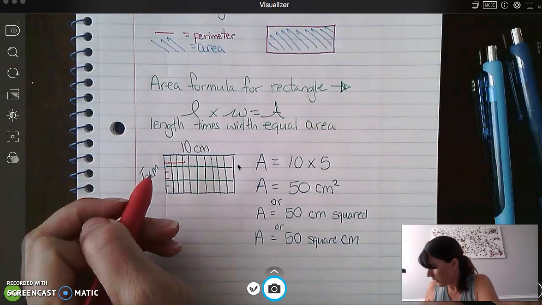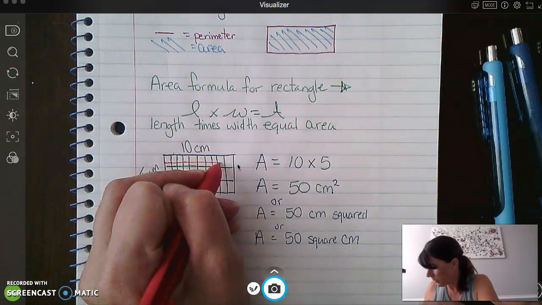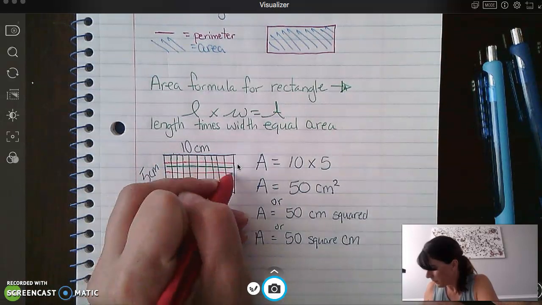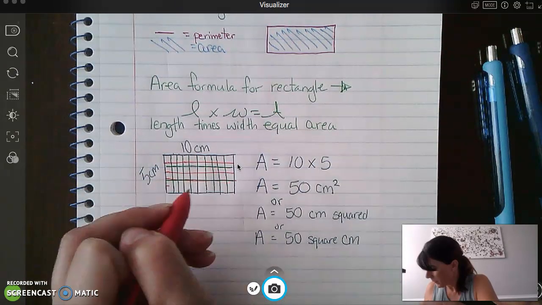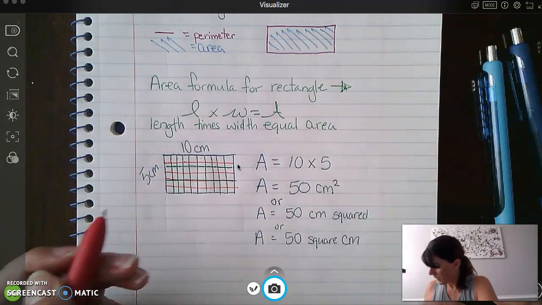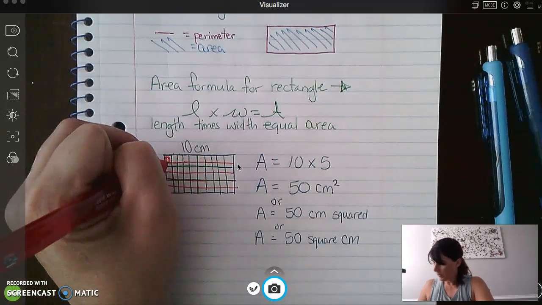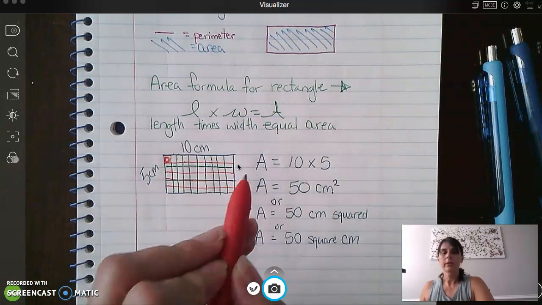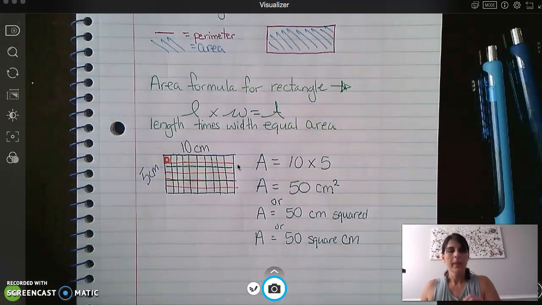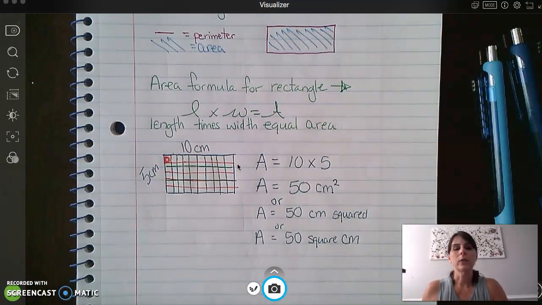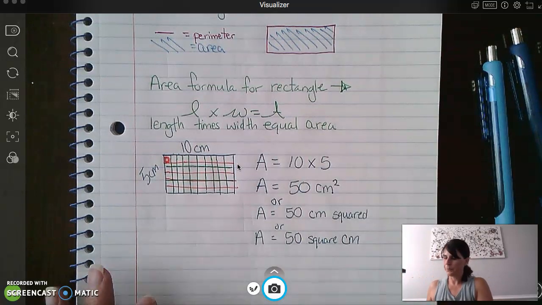Oh, I already drew on those lines, so ignore those. So each one of these squares, right, if I count the squares, there will be 50 of them. And that is why it is square centimeters.